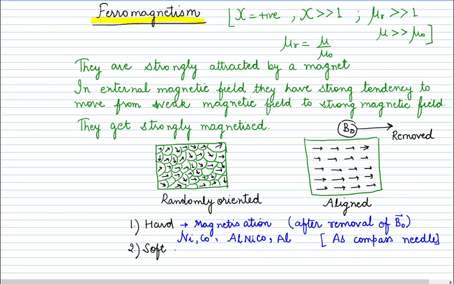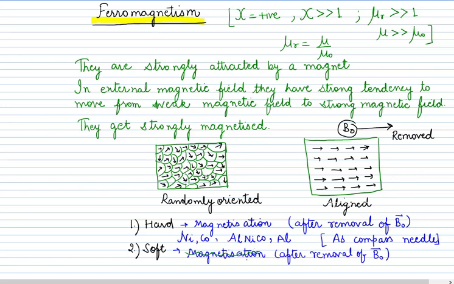Whereas for soft ferromagnetic materials, if you remove the externally applied magnetic field, then the magnetization disappears. Examples of soft ferromagnetic materials are soft iron, cobalt, nickel, gadolinium.